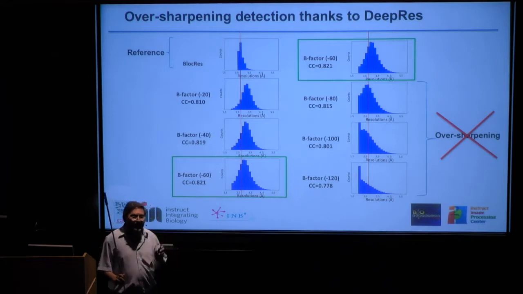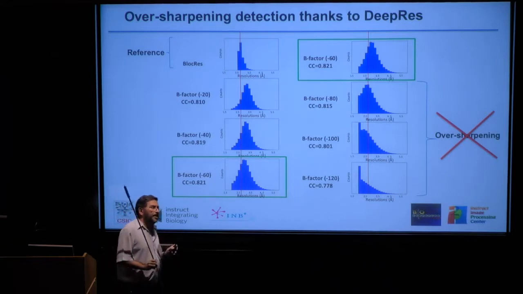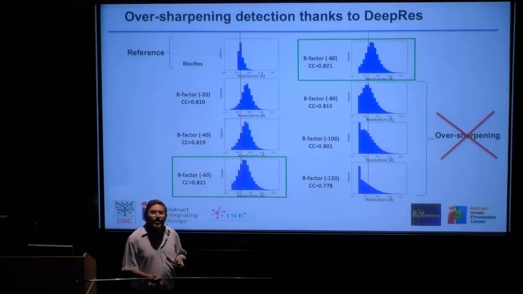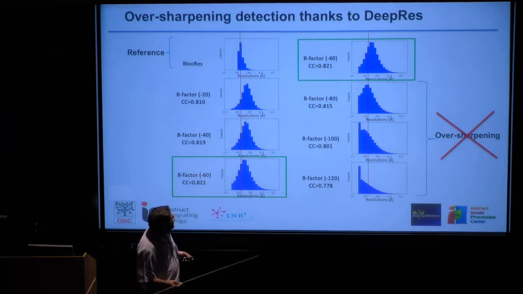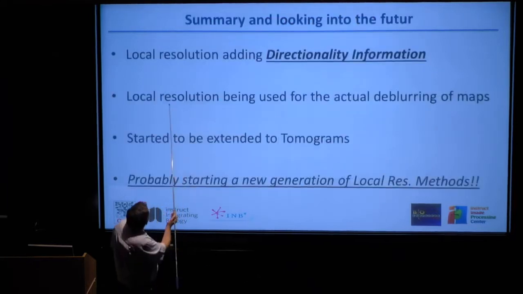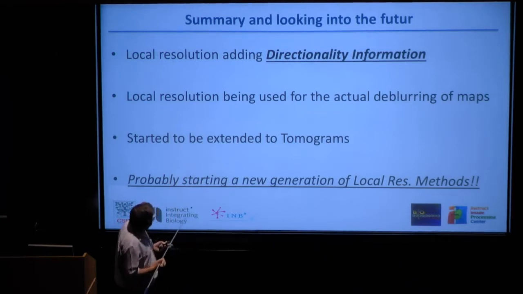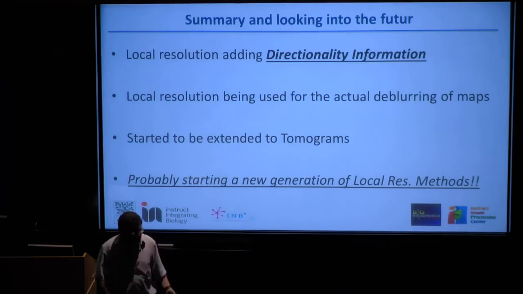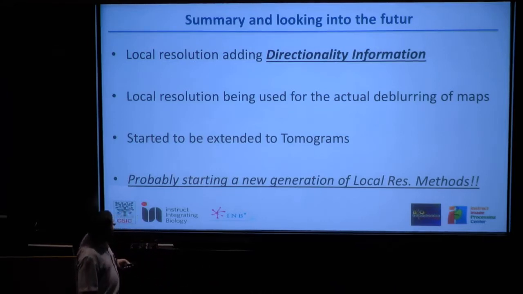That if you had a crispier map, it produced a better value than if I had a more blurred map. And we are starting to extend the whole thing to tomography. This is for another time.